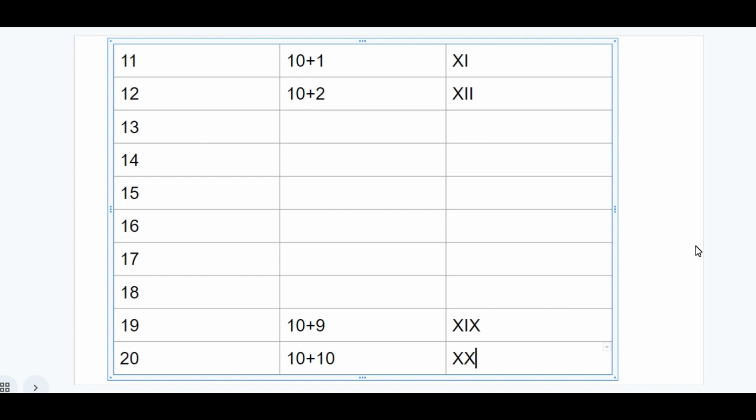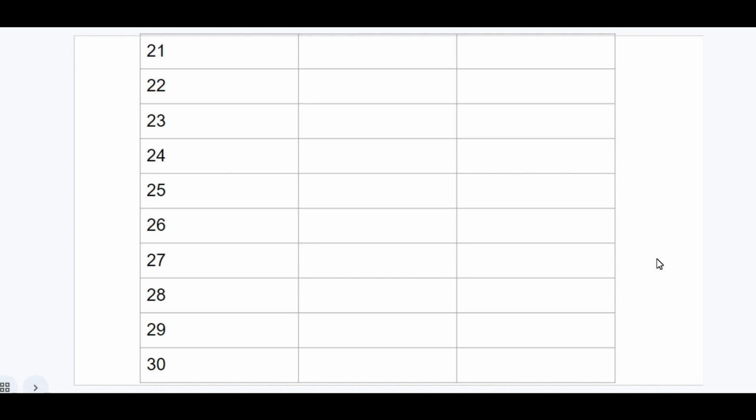Okay, now we can move to the next table, that is 21 to 30. Again I'm going to do some of the numbers for you, and here we have 22. What you have to do, 20 plus 2, and you know 20 means 2 times 10 and 10 is equals to X. XX means 20 and 2 means 2 times I. All right, so now let's do some more question.